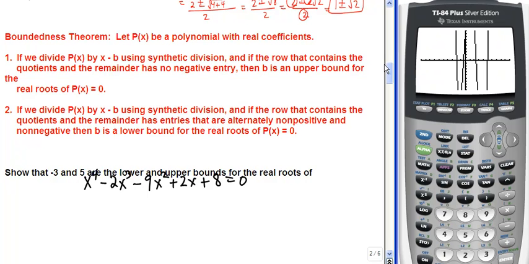the boundedness theorem. So this theorem says that if you have a polynomial with real coefficients, if we divide p of x by x minus b using synthetic division, and if the row that contains the quotients and the remainder has no negative entry, then b is an upper bound for the real roots of that polynomial.